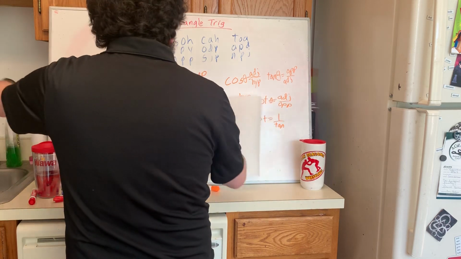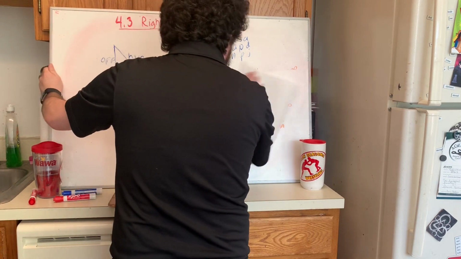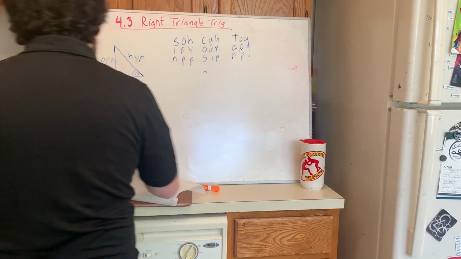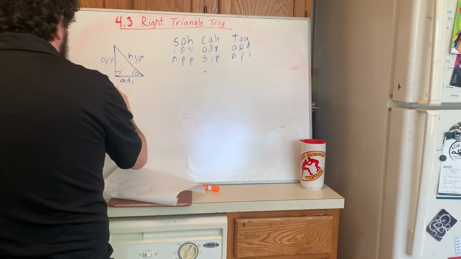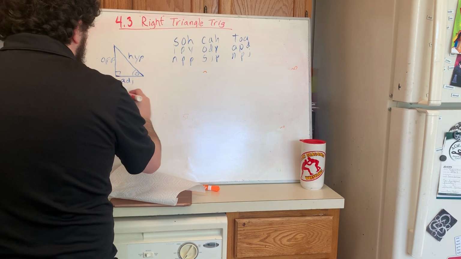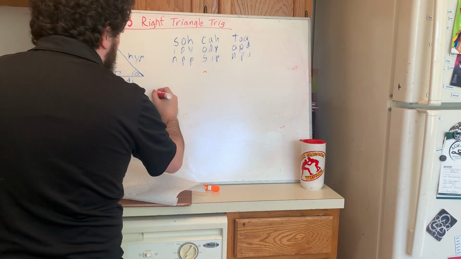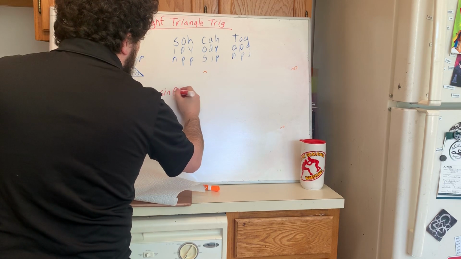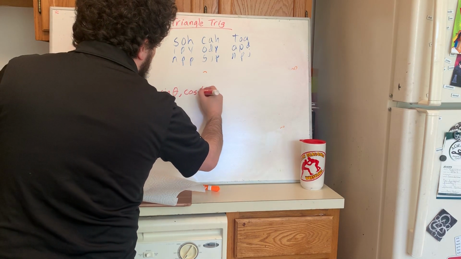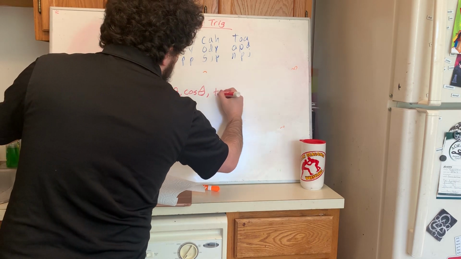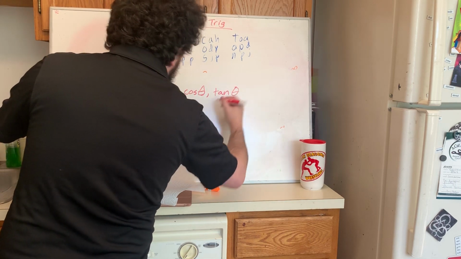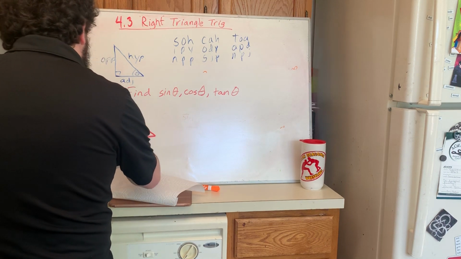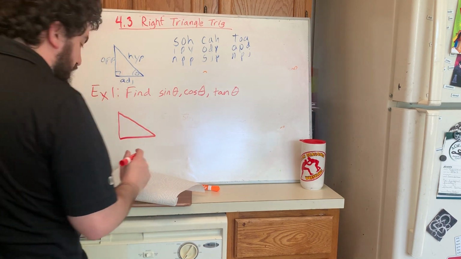So our first example has a triangle like so. Example 1, find sine of theta, cosine of theta, and tangent of theta. So over here, let's say this is my triangle.